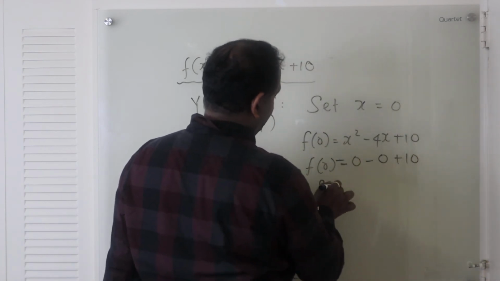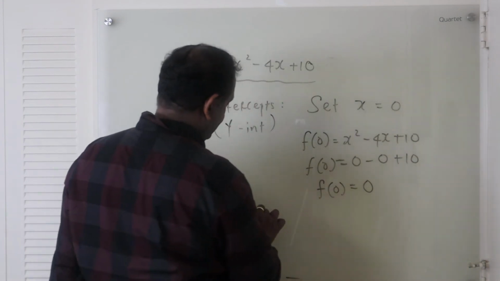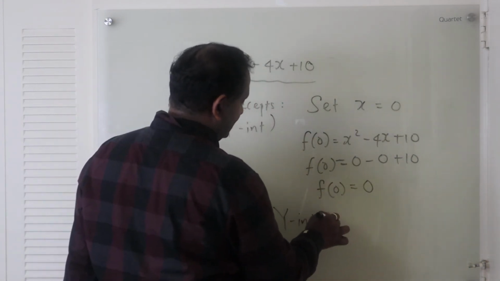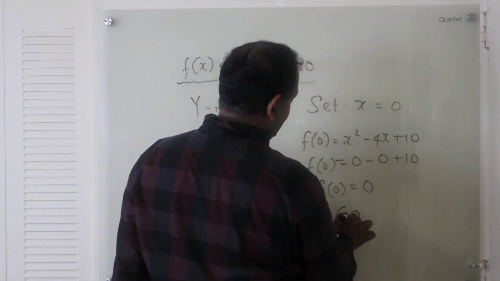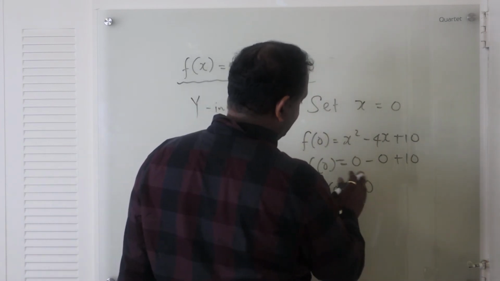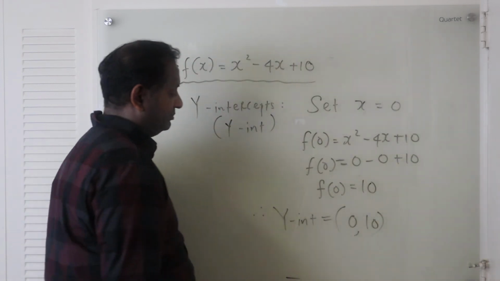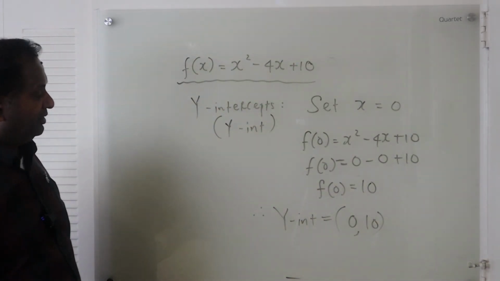So f of 0 is 10. Therefore, the y-int has x coordinate 0 and y coordinate 10, which is (0, 10).